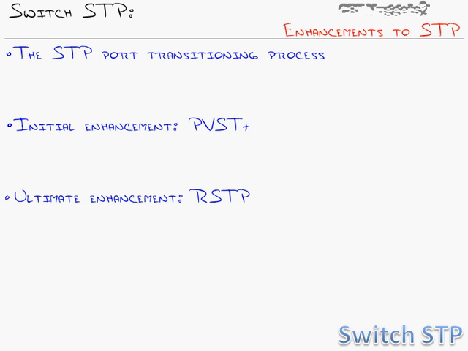So the enhancements to Spanning Tree: while we walked through this, we saw the normal Spanning Tree port transition process, which is listening, learning, followed by the forwarding state, which causes a typical 30-second network outage while it's waiting to get to forwarding. That causes problems because PCs can boot faster than that and networks need to converge faster than that.